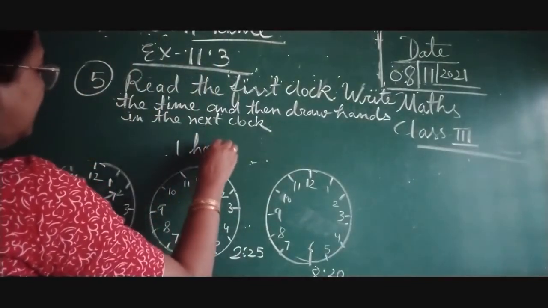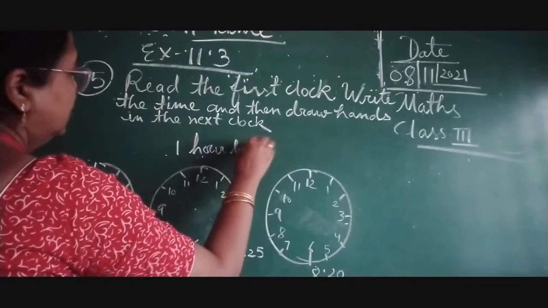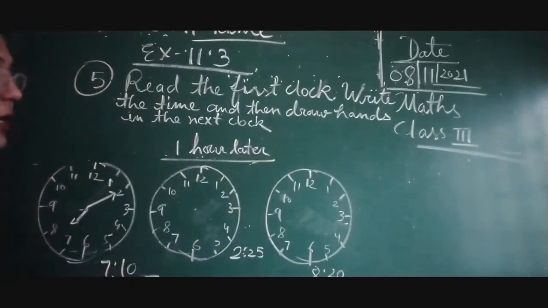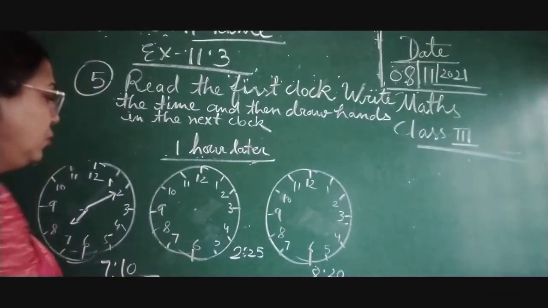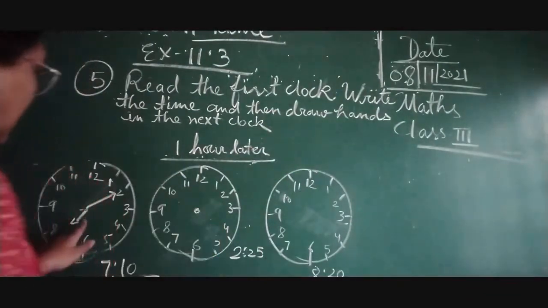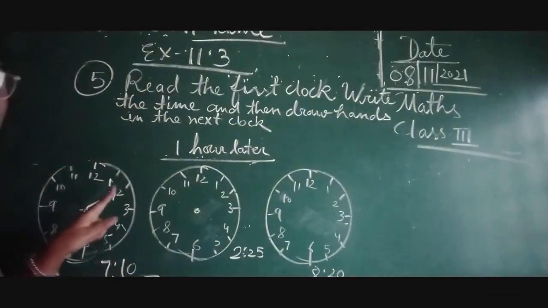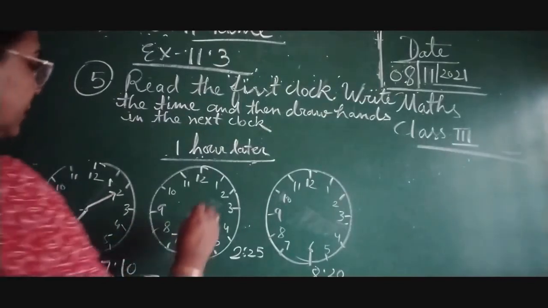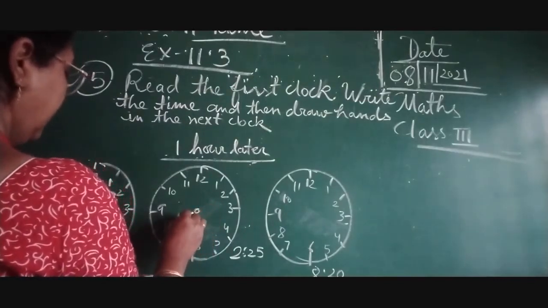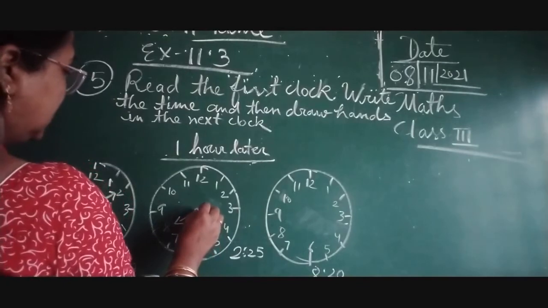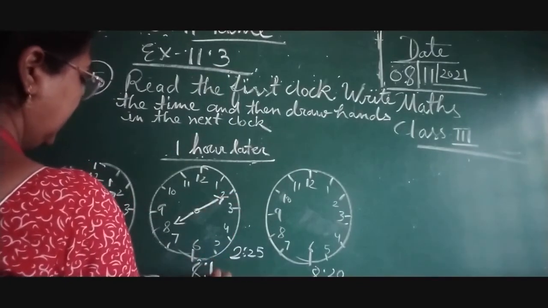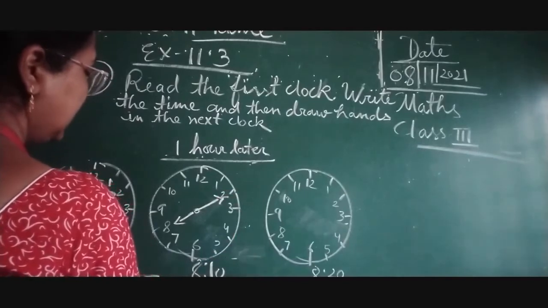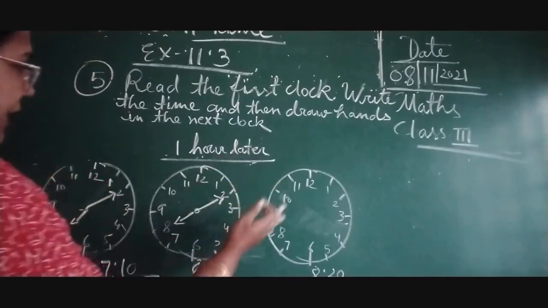So children, as you all know, 60 minutes equal 1 hour. So we have to draw over here, that is 7:10. We will draw at 8 and this is 8:10. Okay, this is 8:10 because it is 1 hour later.